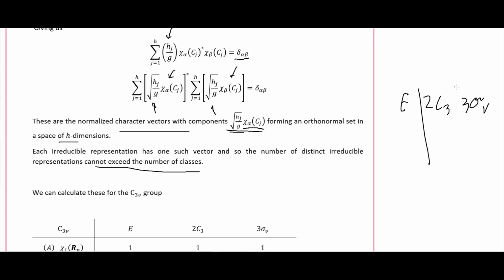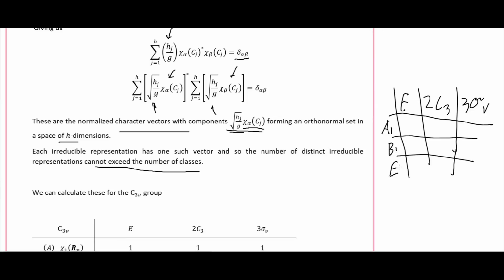And so we said from this that we have to have only 3 different irreducible representations, which was our A1, our A2, and our E. And so the number up here should actually be more like this. So A1, A2, and E. So the number of irreducible representations here can't exceed the number of classes there.